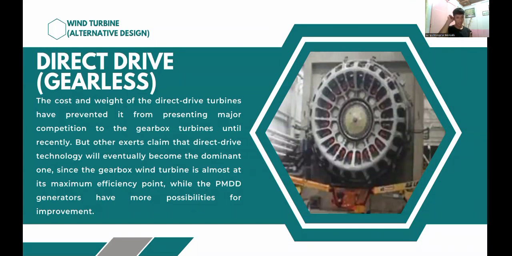Next, the cost and weight of direct drive turbines have prevented it from presenting major competition to the gearbox turbine until recently. But other experts claim that direct drive technology will eventually become the dominant one, since the gearbox wind turbine is almost at its maximum efficiency point, while the PMDD generator has more possibilities for improvement.